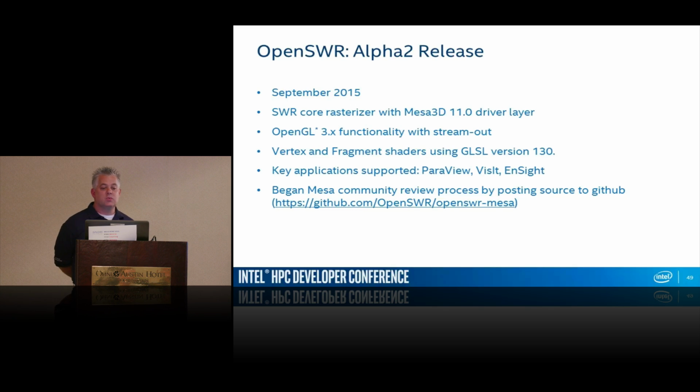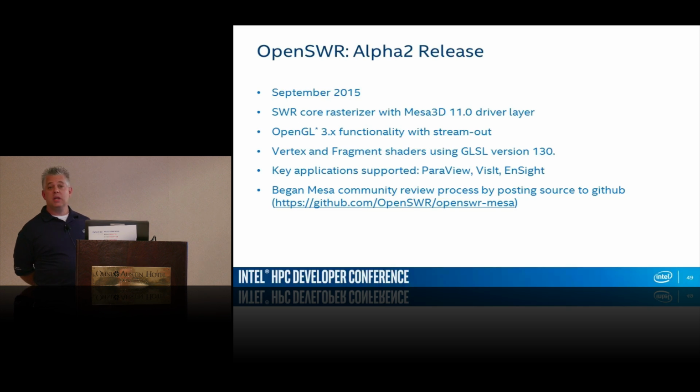We began discussion with the Mesa community and a review process to get that source included into the Mesa master tree. It is currently open sourced up on GitHub, and as I said, we're discussing with the Mesa community to get that fully integrated into the Mesa master.